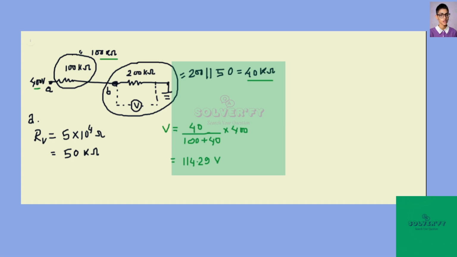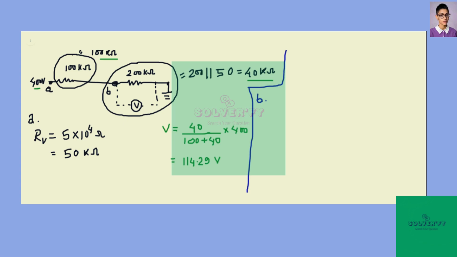Now let's move on to part B. Okay, if I make it of a different color, that will be easier for you to understand. Now part B says the voltmeter has a resistance of 5 into 10 to the power 6.